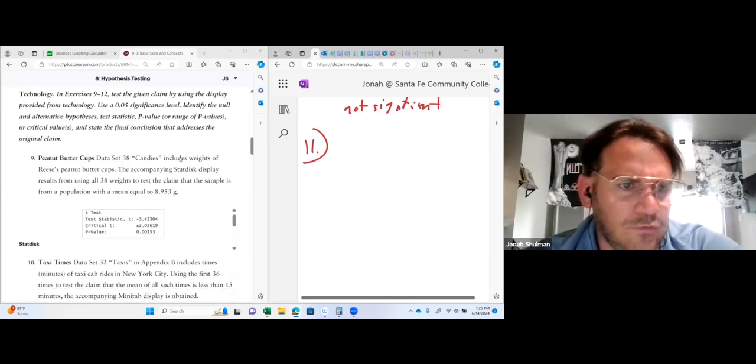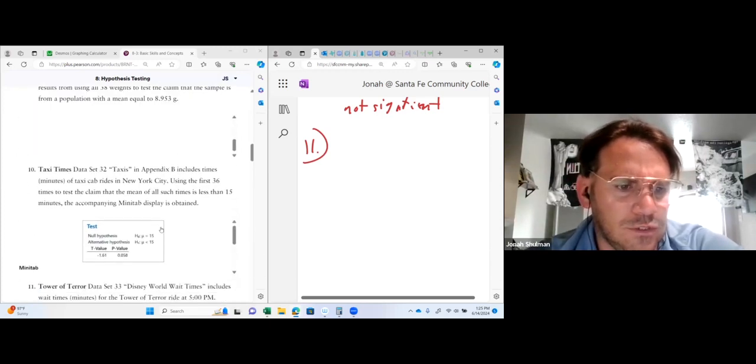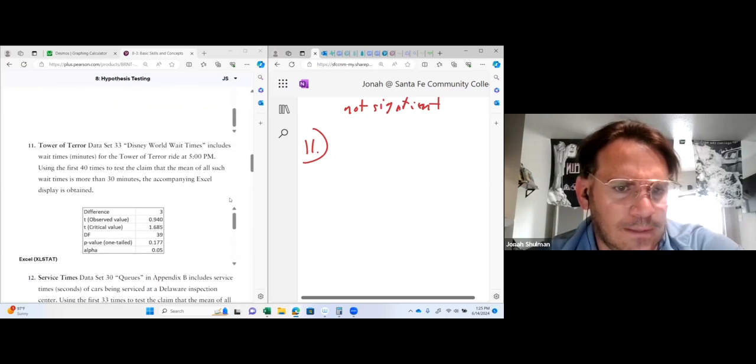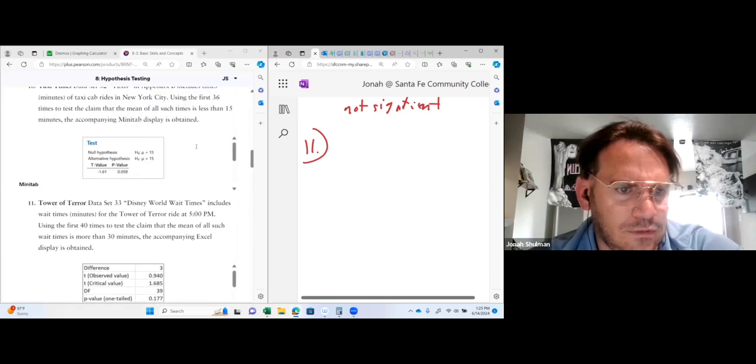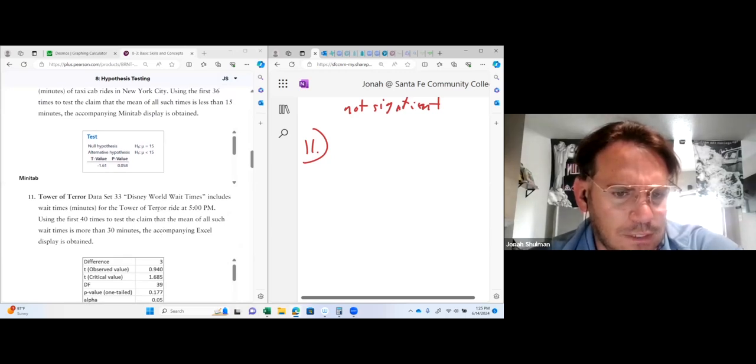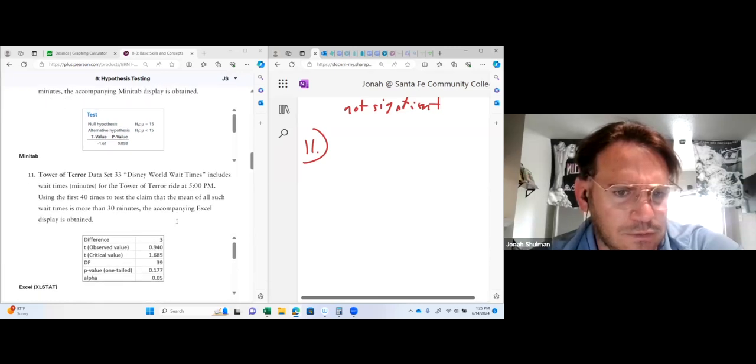Using 0.05, get the critical value and the conclusion. Tower of Terror has 33 lead times of 5 p.m. using the first 40 times. The accompanying Excel display is contained.